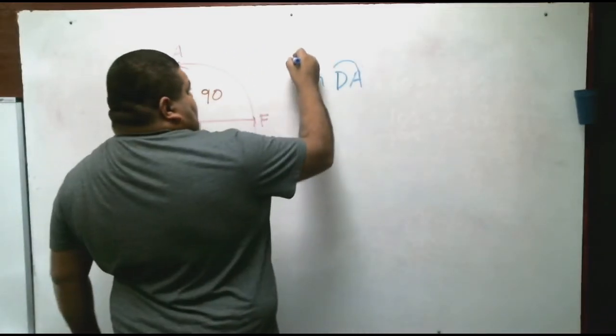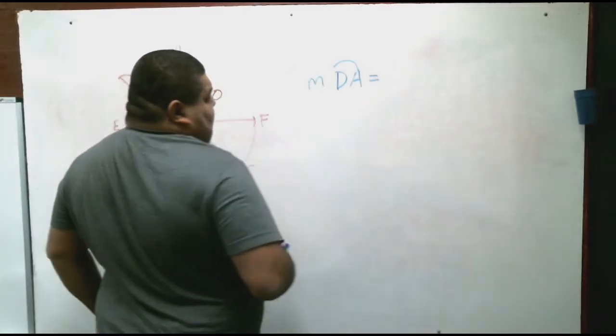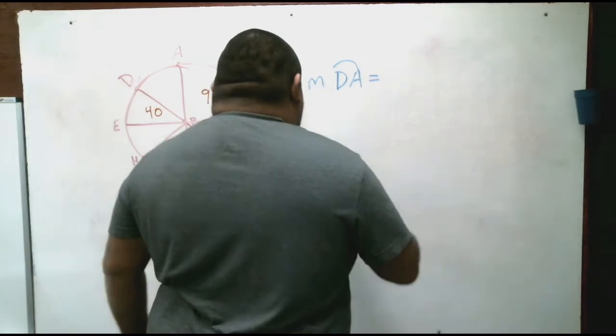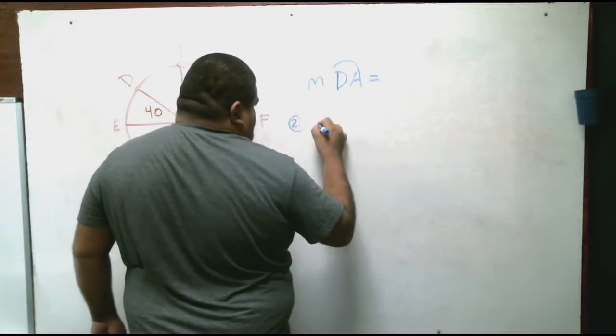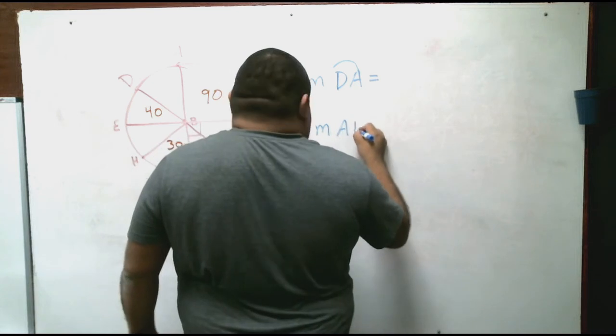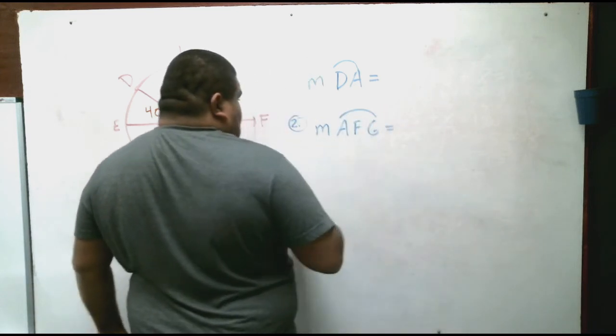For the first one, measurement DA. Is it a minor arc, major arc, or a semicircle? Okay. Number 2, measurement AFG. What kind is it?